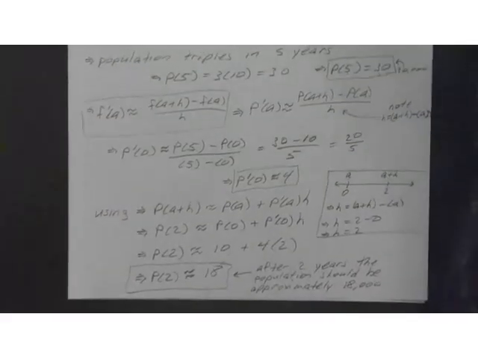So after 2 years, the population should be approximately 18,000. Move this down a little bit so you can see the whole page.